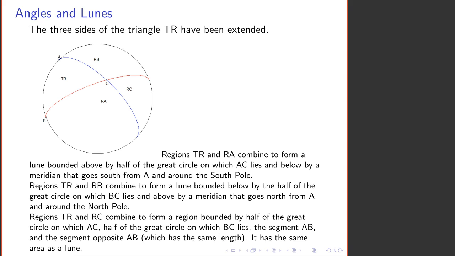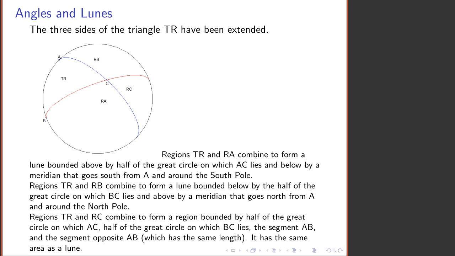Similarly, we have another line of spherical geometry that is the meridian from A to B, extended down around the South Pole and back up through part of the southern hemisphere to the point antipodal to A. This is a line of the spherical geometry, and the region that they enclose is a loon.